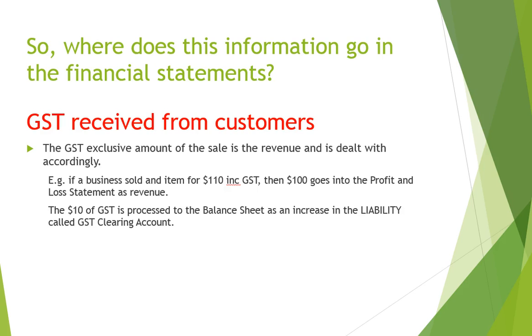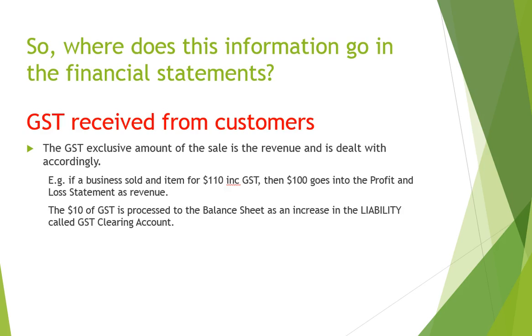On the other hand, GST received from customers, it's not actually our money. So the GST exclusive amount of the sale is the revenue and is dealt with accordingly, whereas the GST, remember, we're just collecting that on behalf of the Australian Taxation Office. So if a business sold an item for $110 including GST, then $100 goes into their profit and loss statement as revenue.